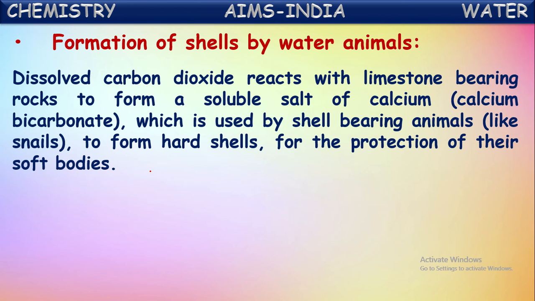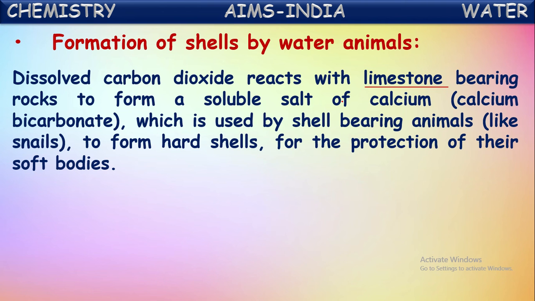This calcium bicarbonate is water soluble, whereas limestone is water insoluble. This water soluble calcium bicarbonate is used by these animals, and they make their hard shells to protect their soft bodies. Got it? This is actually one of the tests for carbon dioxide also.